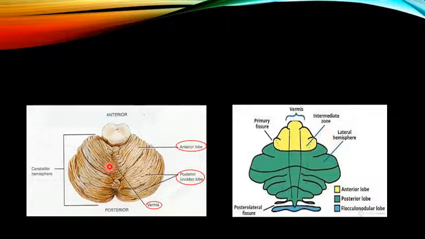These lobes are divided further, right? You can see numerous small parts. These are formed because of the fissures.